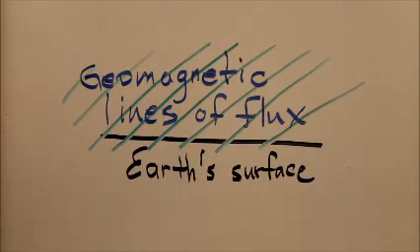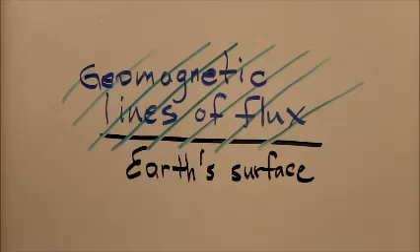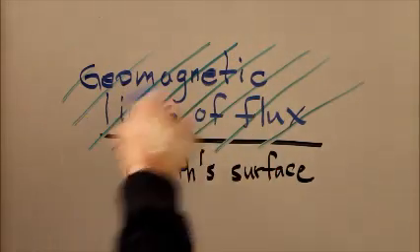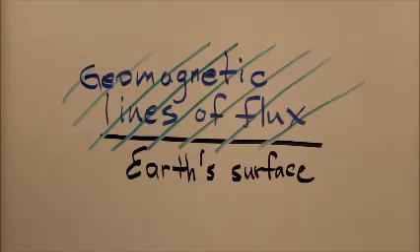Anywhere that you are on the surface of the Earth, you'll find geomagnetic lines of flux. Those are the flux lines created by the Earth's own magnetic field. Those flux lines will have a certain slant with respect to the surface depending on where you are.